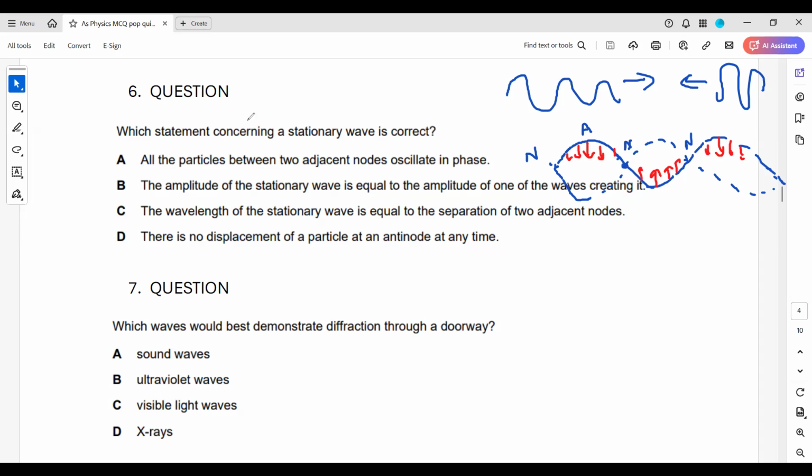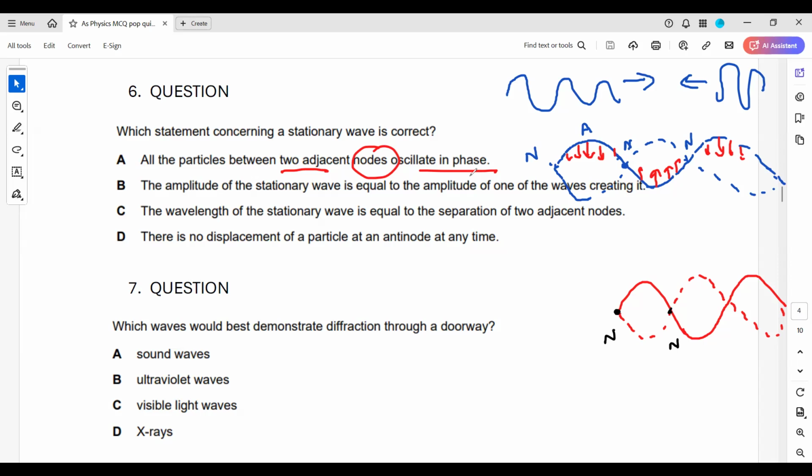So the question is, which one explains it? All particles between two adjacent nodes oscillate in phase. What does it mean? Say this is a standing wave, and this is one node, and this is the adjacent node. All the particles between the adjacent nodes oscillate in phase.